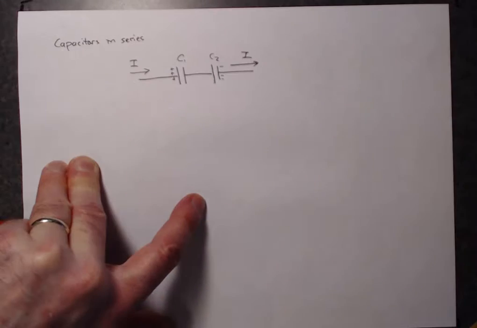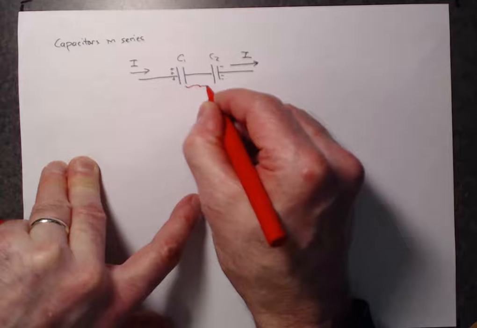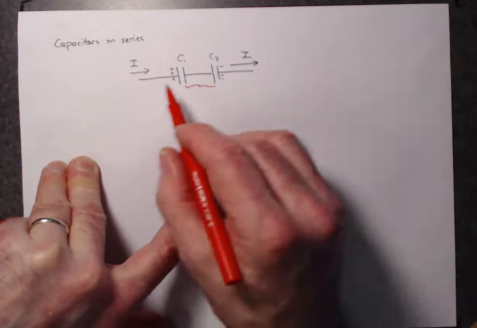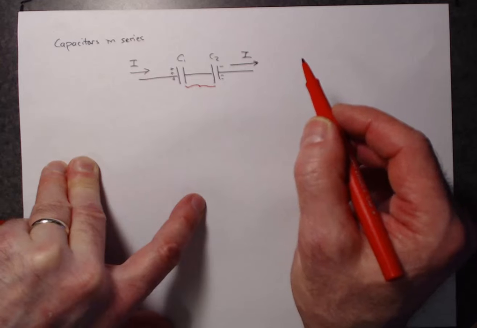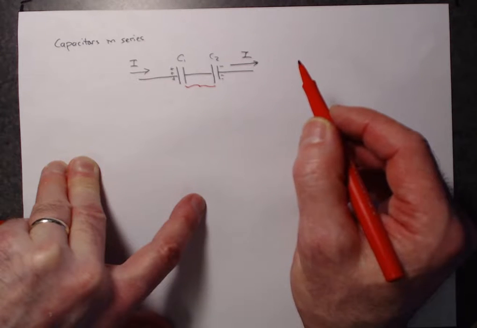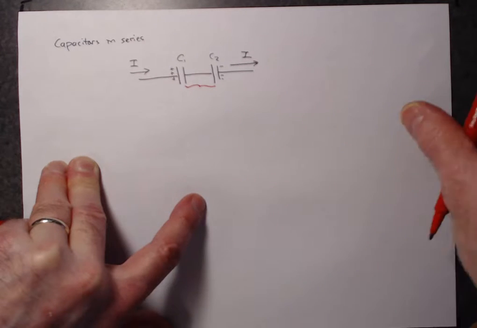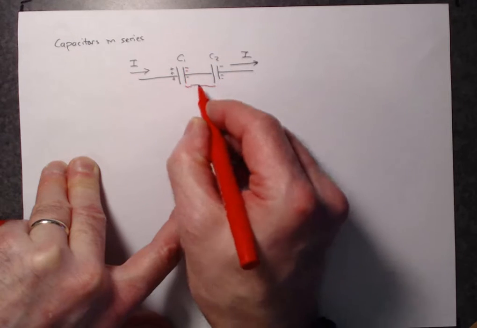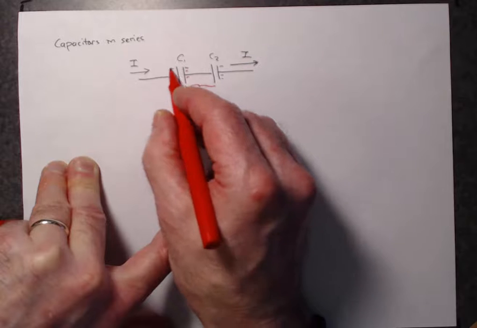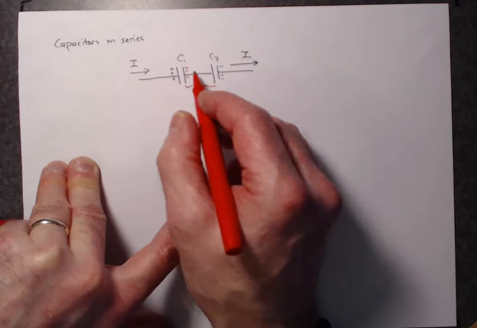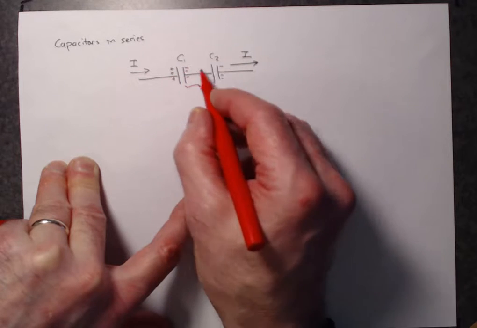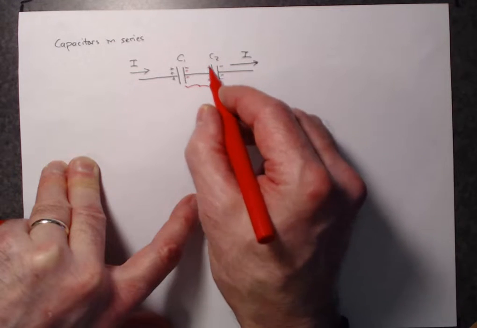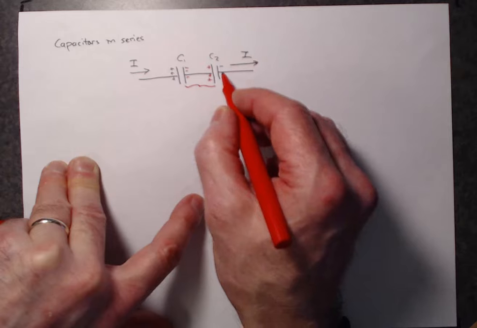There is a central H-shaped area, see this H here, which is not connected to the rest of the world. So that has to remain electrically neutral. To minimize its energy, it's going to have charge flow over here, which is equal in magnitude to this positive charge. So some negative charge goes there, and some positive charge will go over here that's equal in magnitude to this negative charge.